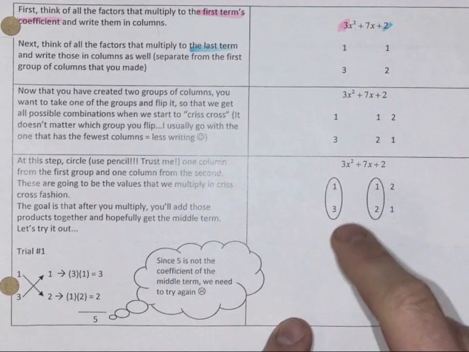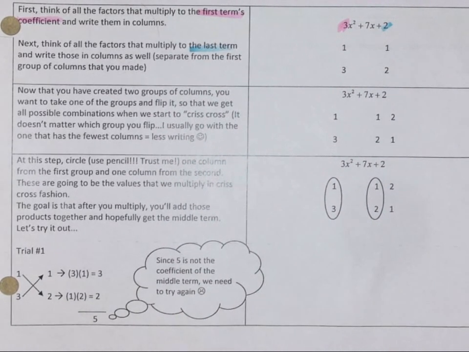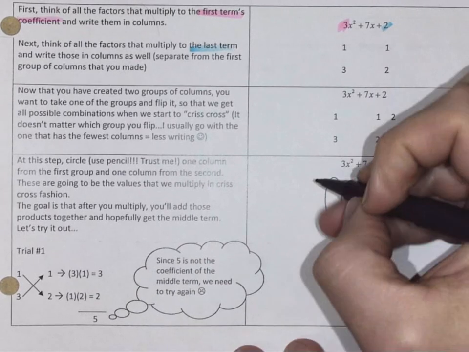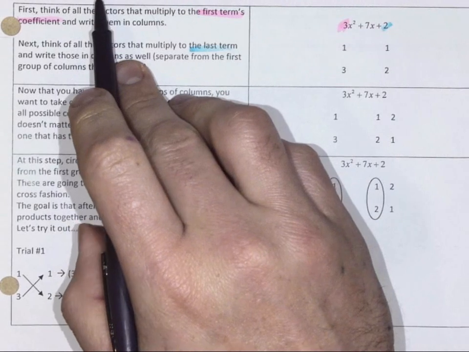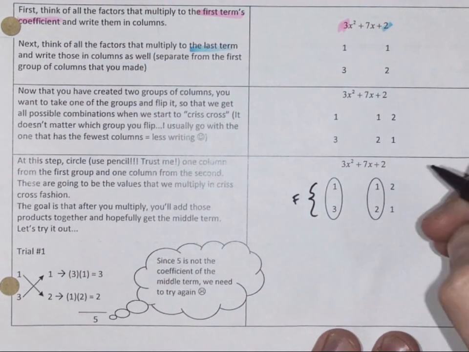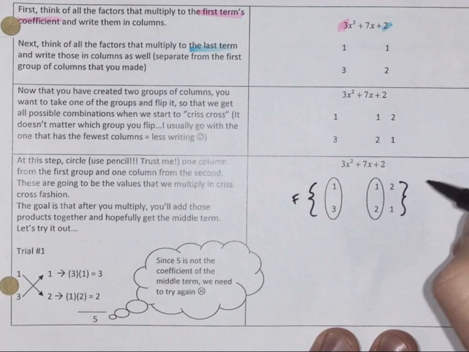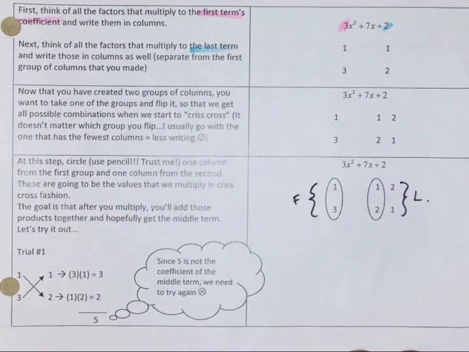Now we're going to circle the ones that we're looking at. These are the possibilities to be the F in our first column. And these are the possibilities that are going to end up being our L's, our last times last, if we were going forward.